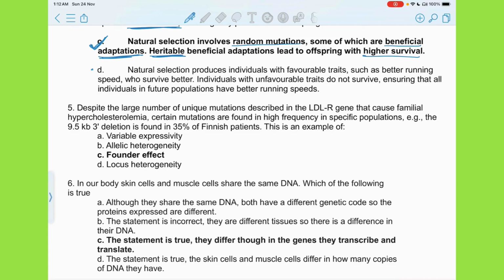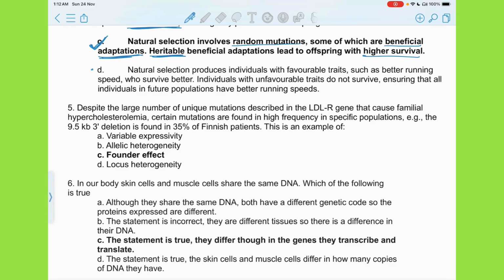Now the question says, despite the large number of unique mutations described in the LDLR region that cause familial hypercholesterolemia, certain mutations are found in high frequency in specific populations. For example, the 9.5 kb 3' deletion is found in 35% of Finnish patients.